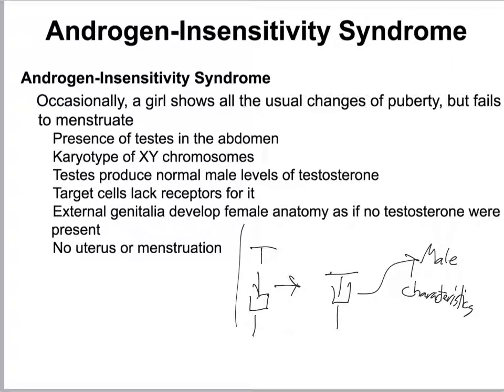However, suppose that you have testosterone, but your testosterone receptor, let's do this in red, is broken. Even though you have testosterone present, you don't develop male characteristics, you develop female characteristics.